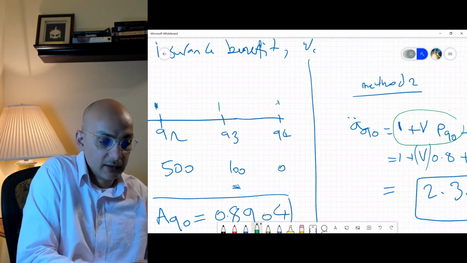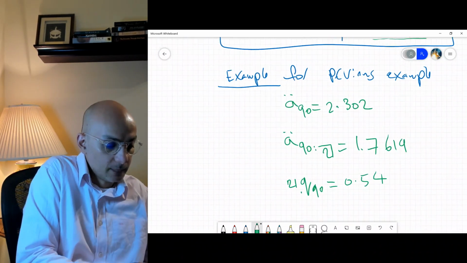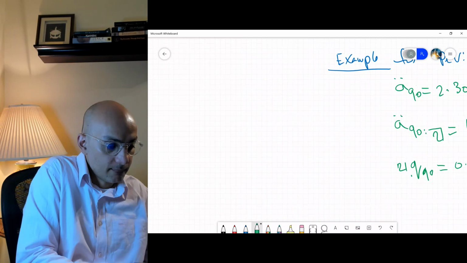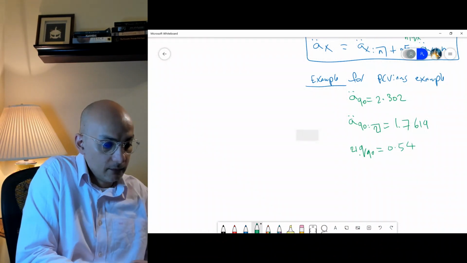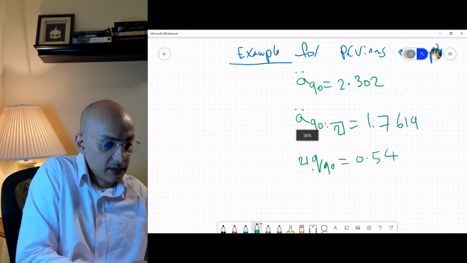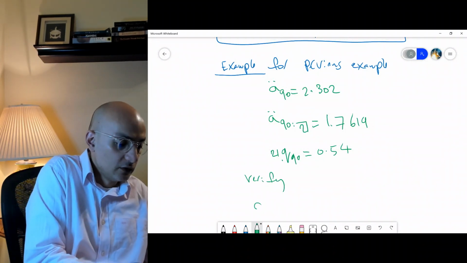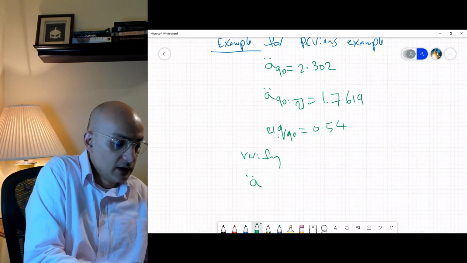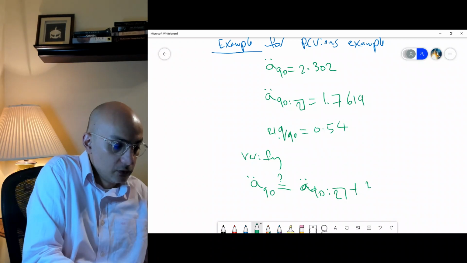So we already just summarized them for you here. Yeah, we summarized them here. Now let's verify. So let's organize them. A90, is it equal to the temporary annuity for 2 years plus the deferred part?